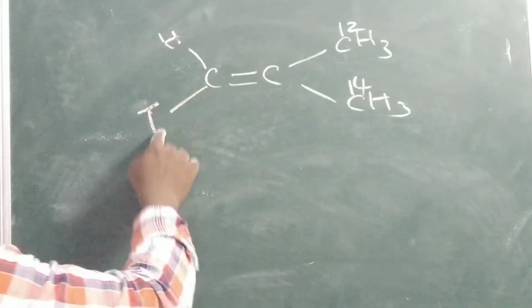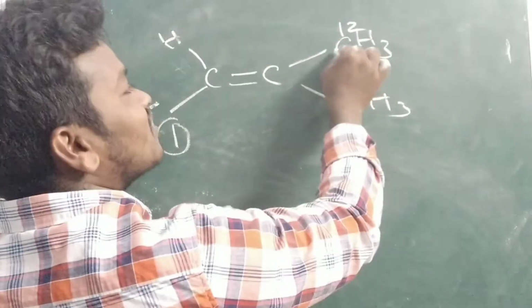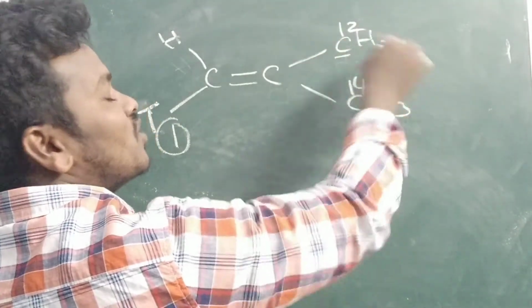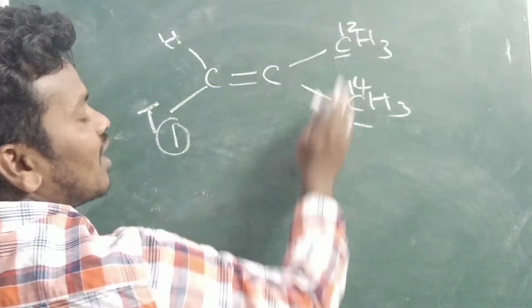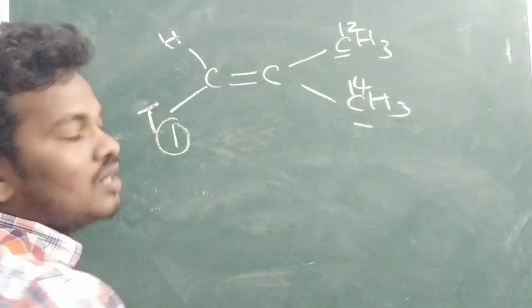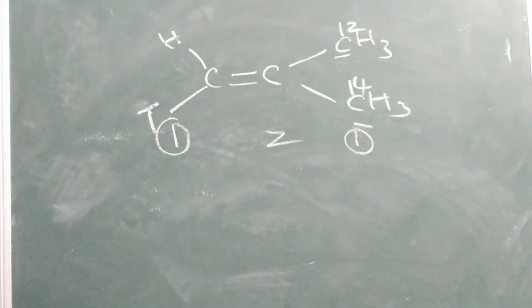This is hydrogen and tritium. In this, which one has high priority? You should not see that the carbon is same. Carbon with atomic mass 12, carbon with a different atomic mass, so it is the priority. It is called a Z isomer. So these 3 examples are mainly important.